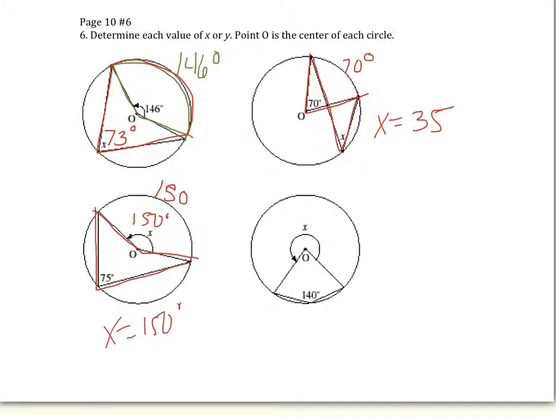On this last one, this is the inscribed angle for this entire arc, so that arc would be 280 degrees. This is the central angle for that same arc, so x would equal 280 degrees. Again, the inscribed angle is half the intercepted arc, so it's also half of the central angle.